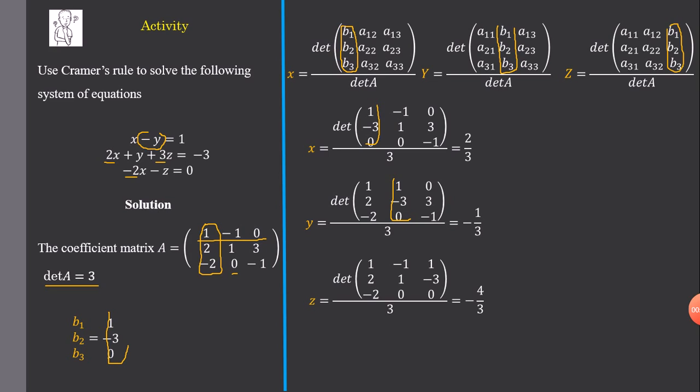For z we have replaced again with 1, -3, and 0, and the determinant of this matrix is giving us -4. Divided by 3, we are getting z is equal to -4/3, and you should get these answers as the solutions for this system of linear equations.